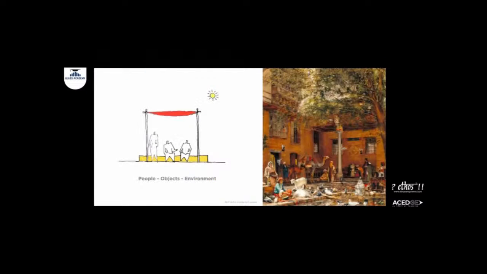And that's where these three entities become homogeneous and become important at city level, where people, objects, and environment dwell at the same time. And on the right hand side, I'm just showing you an artwork by Frederick Lewis to demonstrate this idea where people, objects, and environment are dwelling together at the same time.